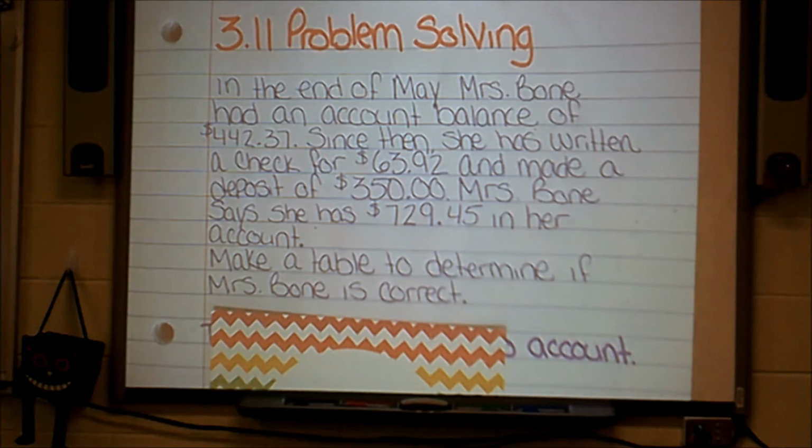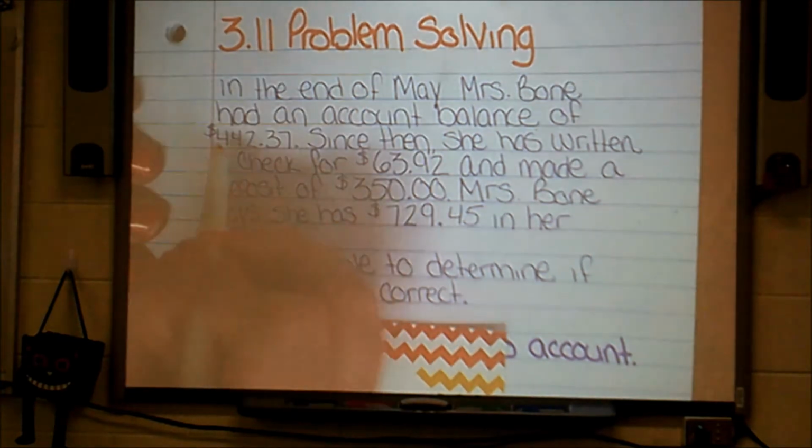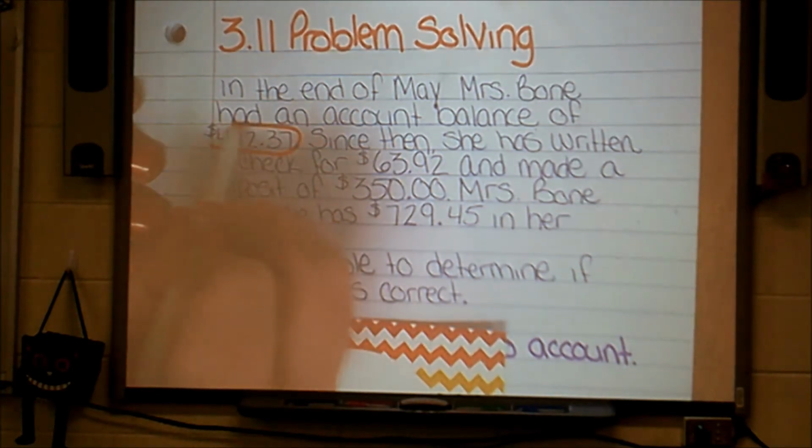So with this problem, as it said, we're going to want to make a table. But first, I want you to go through this and identify the important information. So I'm going to read through this and I'm going to underline the important information. Personally, I think that this number is important. This is what Mrs. Bone starts with.